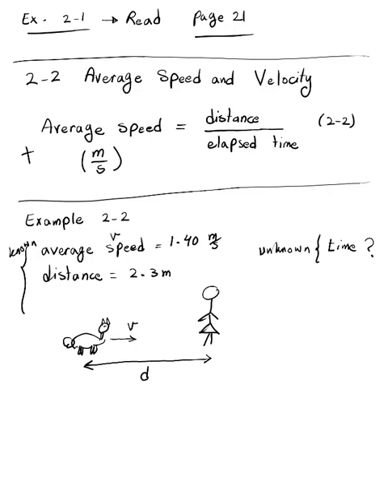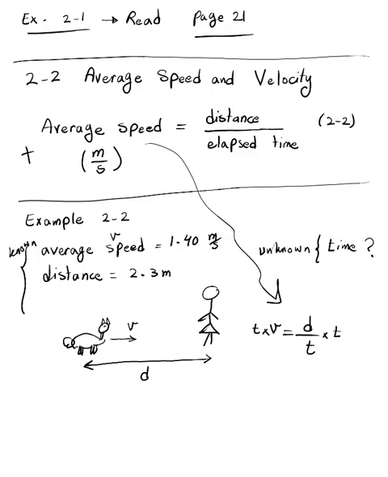All right, so now I need a proper equation for it. So here is the equation that I have. I know that v, which is average speed, equals distance divided by time. Now I need to find time, so I need to manipulate this equation. I'm going to multiply both sides of the equation by t.